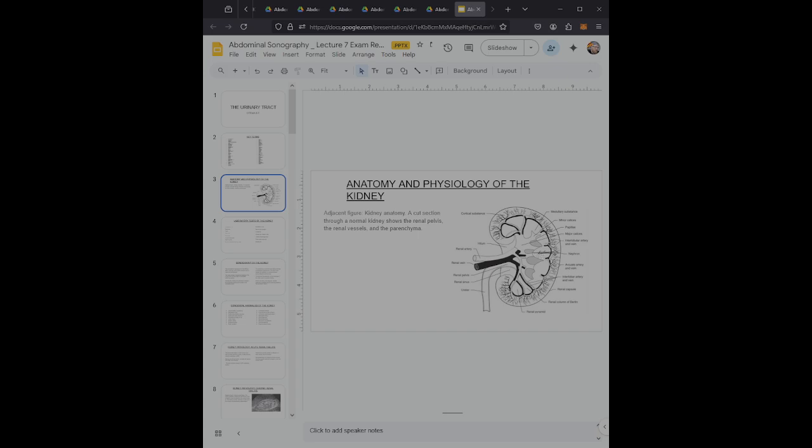Embryologically, the kidney is formed when two embryonic parenchymal masses combine, and these two masses are referred to as renunculi, and the kidneys initially develop within the pelvis, and they ascend into the fetal abdomen by the 12th week of gestation.